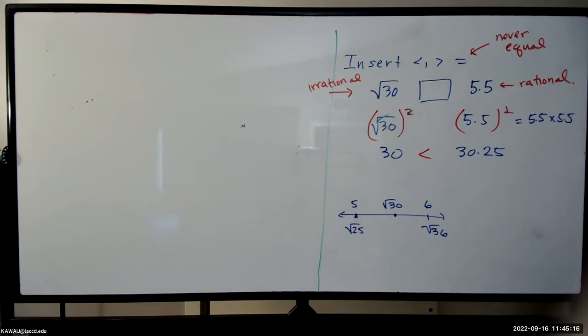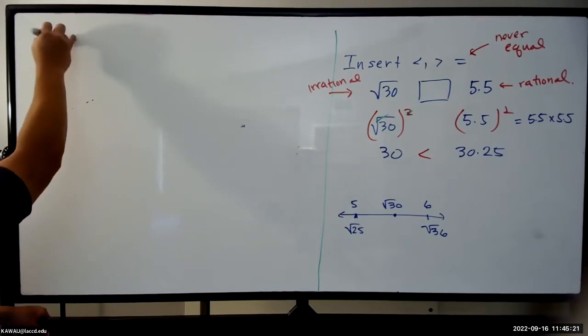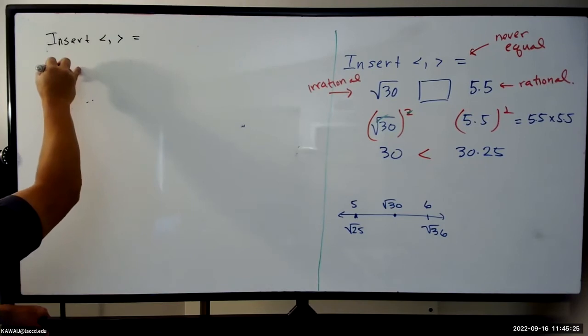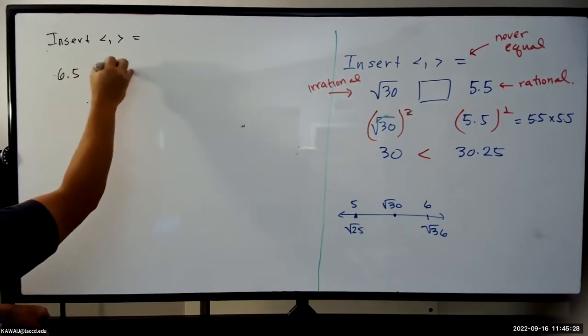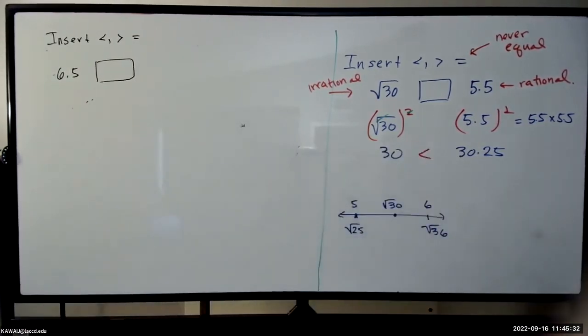Okay, so let's go 6.5, and then let's go square root of 42.